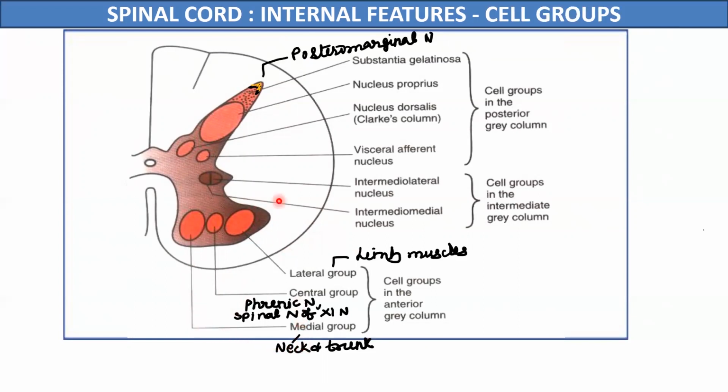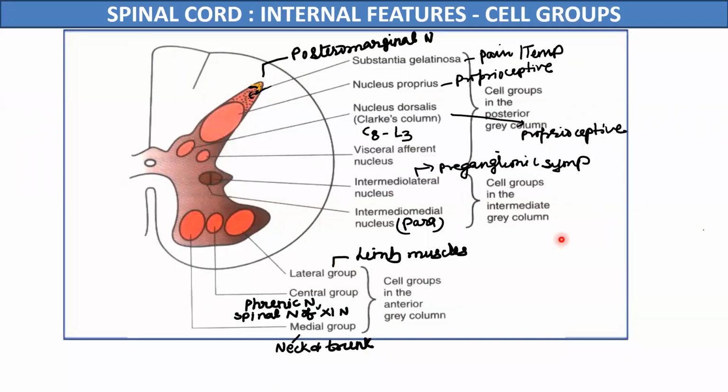While if we look at the sensory horn or the dorsal horn of the gray matter, the various nuclei which are present in this horn are, first, at the tip of the posterior horn, the posterior marginal nucleus. At the posterior marginal nucleus, many sensory fibers will relay, and very small neurons are present.